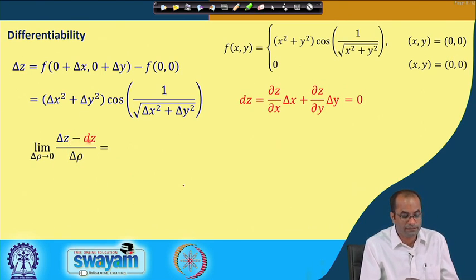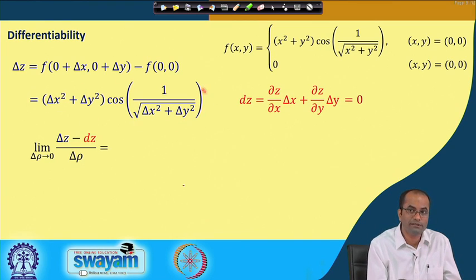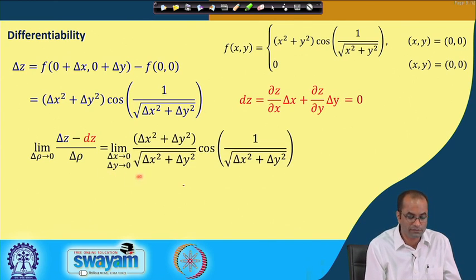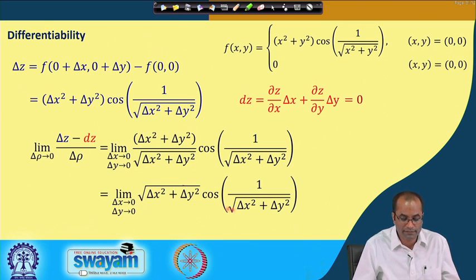So, the Δz, which is given here as Δx square and Δy square times the cos term, minus this 0, and this Δρ is the square root of Δx square plus Δy square. So, we will see what this limit is here, and this can get cancelled.